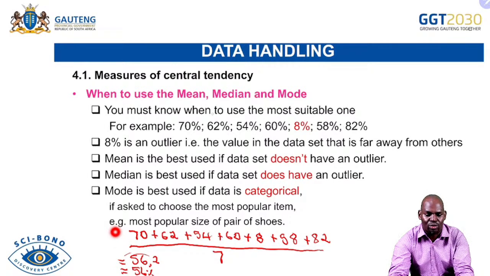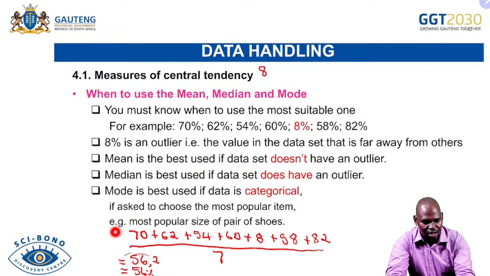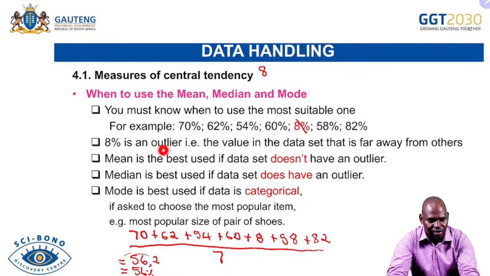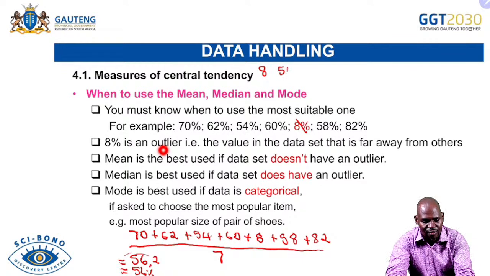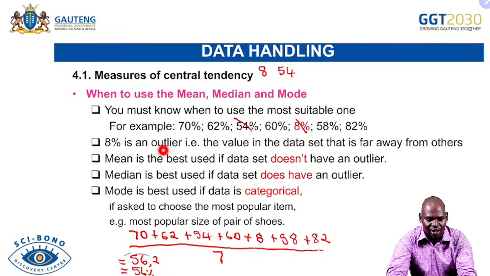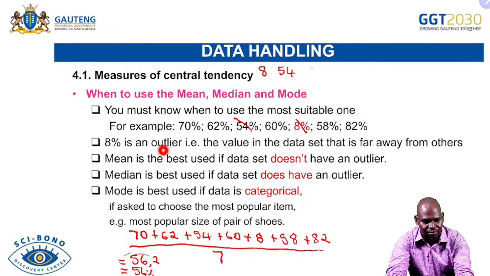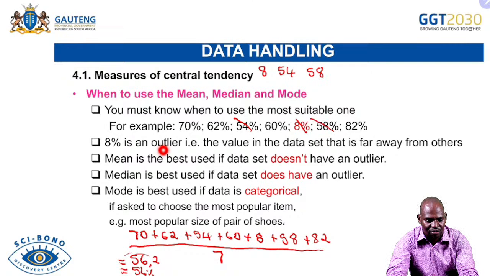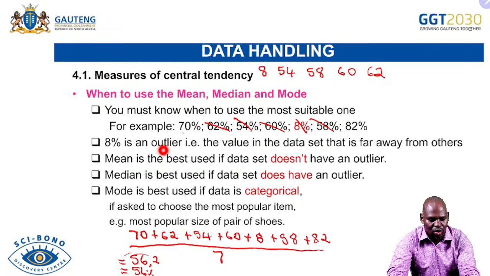The values are not in order again, so we can rearrange them from the smallest to the biggest. 8 is the smallest, and then the next one is 54, after 54 it's 58, after 58 it's 60, then after 60 we've got 62, after 62 we've got 70, and after 70 we've got 82.